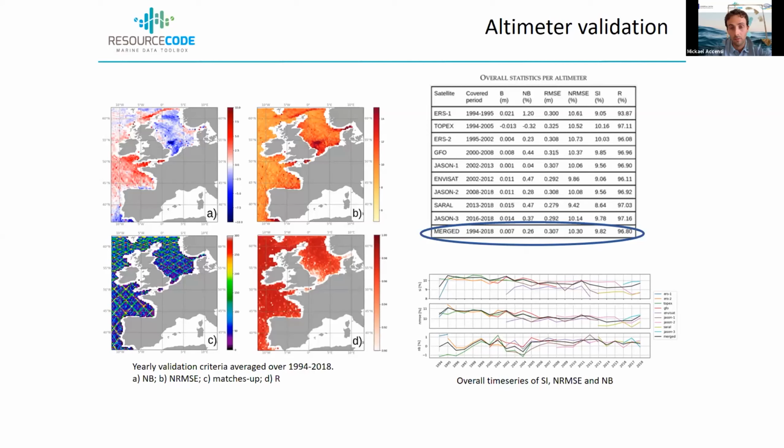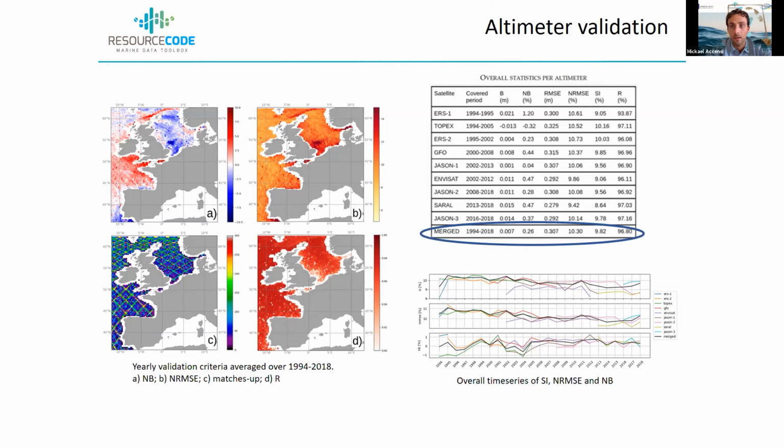And so here what we have performed, so we have done matchup between the model output along each altimeter track. And looking at the overall statistics per altimeter on the table on the right, you can see for each line the scores for each altimeter. And if we focus on the last line, circled in blue, it's a merged product.